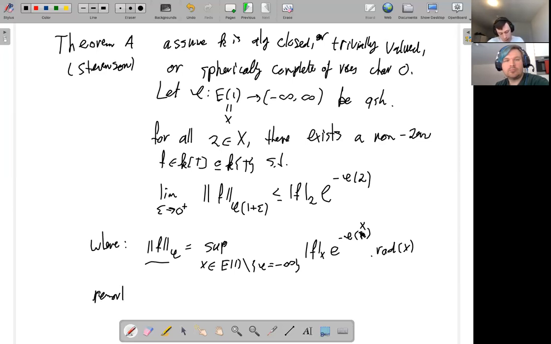Remark. If phi is alpha log absolute value of t minus a, right? So this is an example of a subharmonic function by what we saw before.